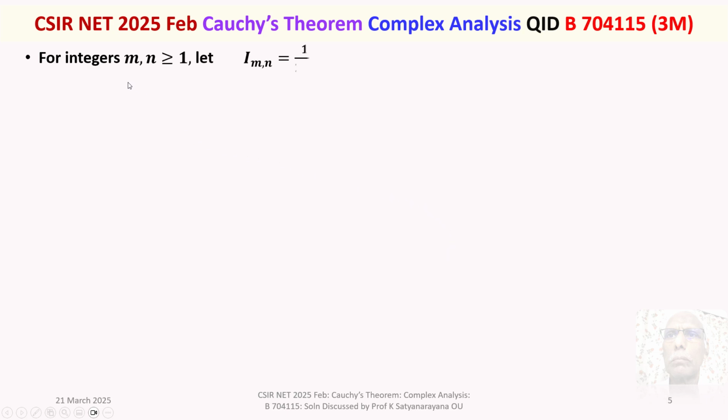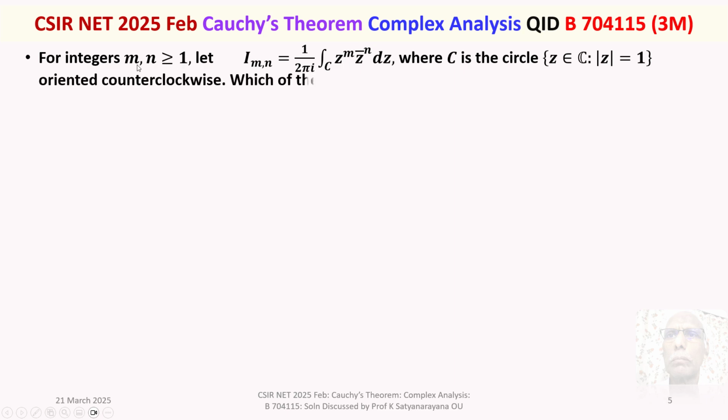The given question is for integers m, n greater than or equal to 1, which means both m and n are positive integers, that means they belong to natural numbers.